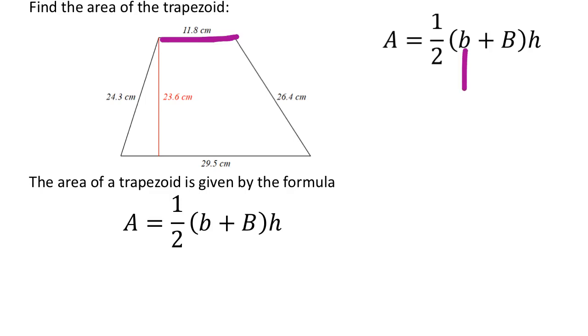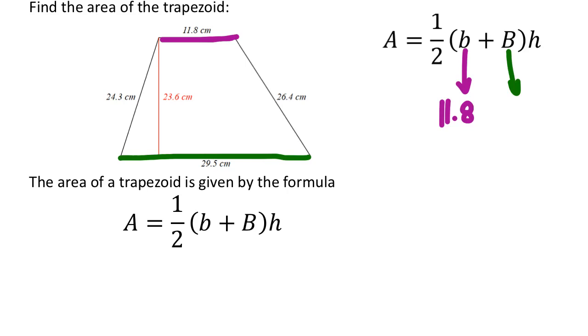So I'm going to replace this b with that 11.8. And we got this other base. Again, it's just the two parallel sides. That's why I have it in green right there, which shows at 29.5 centimeters. And again, it wouldn't matter which of these you placed where.